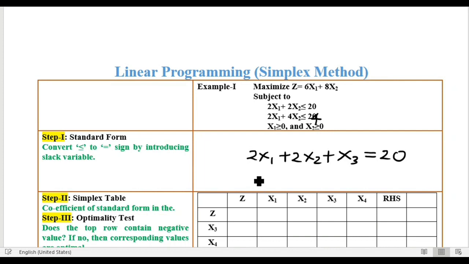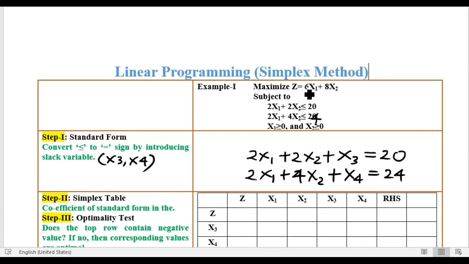Then after, 2x1 plus 4x2 plus x4 equal to 24. So we introduced slack variables, that is x3 and x4.